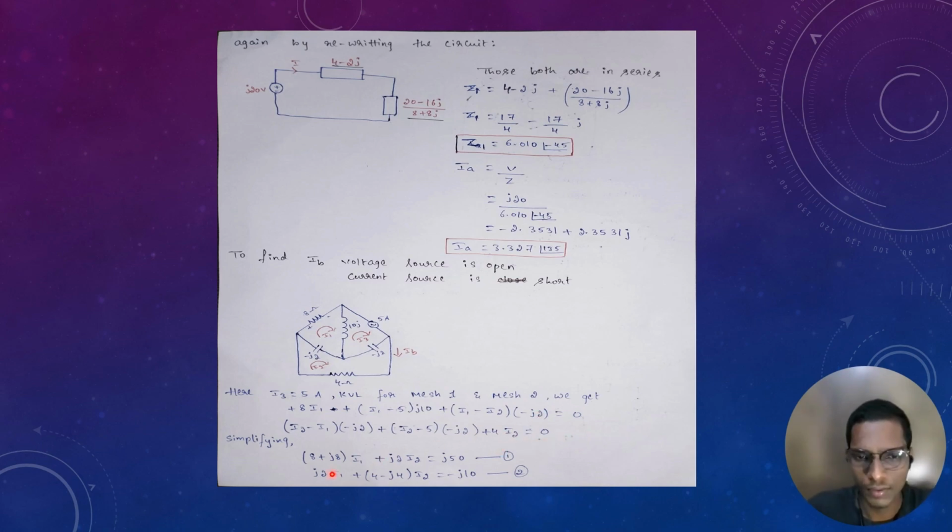By simplifying we get (8 plus j8)I1 plus j2 I2 equals j50. Again for the second loop, j12 I1 plus (4 minus j4)I2 equals minus j10.